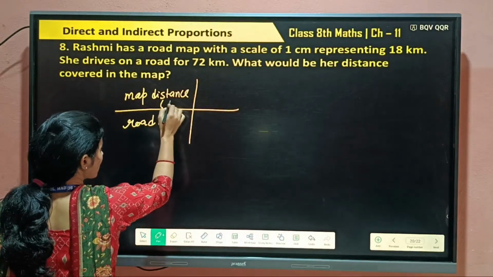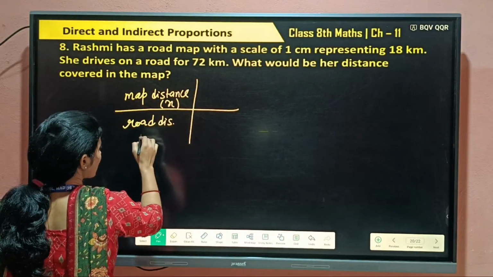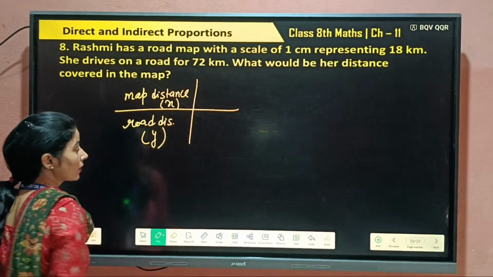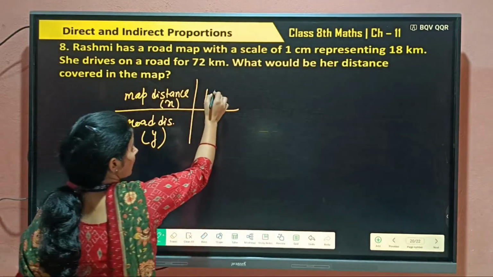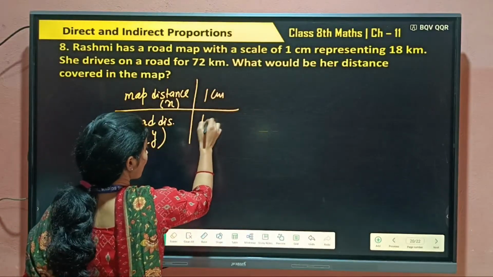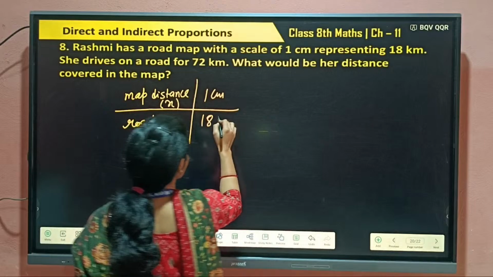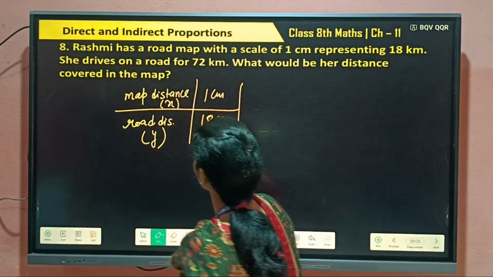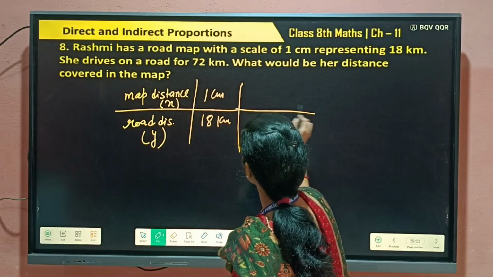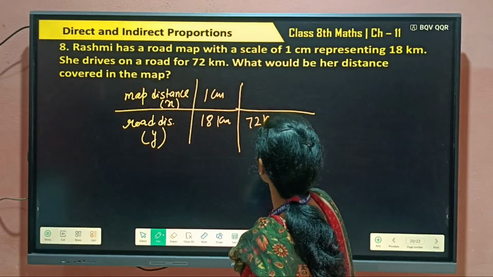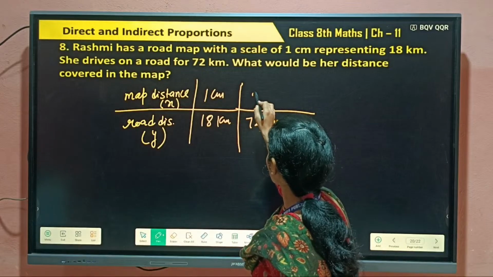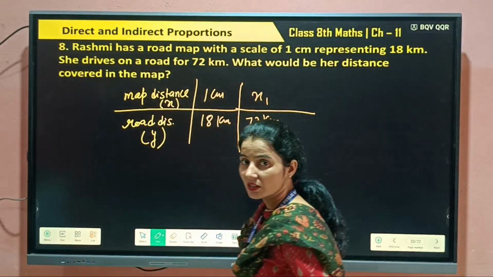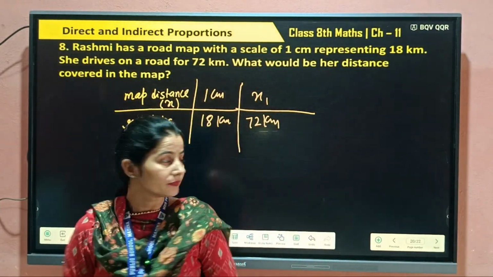Let this map distance be denoted with x, and this road distance be denoted with y. 1 centimeter is representing 18 kilometer. She drives on the road for 72 kilometer. What would be her distance covered in the map? Let us consider x1 is the distance covered in map.